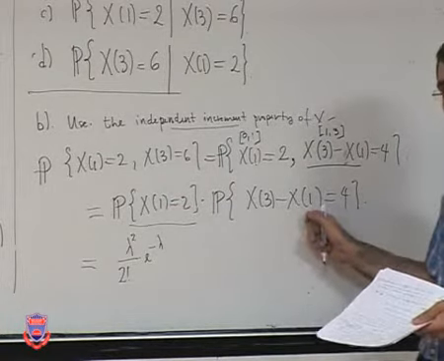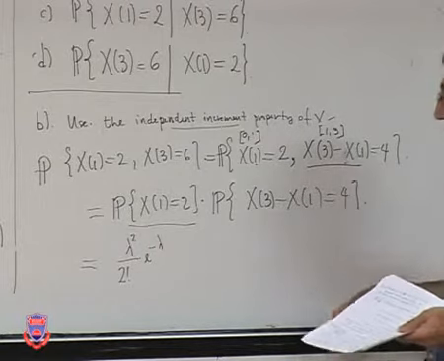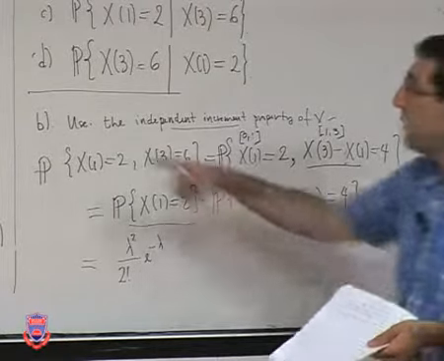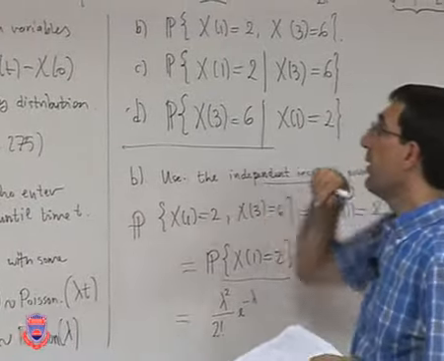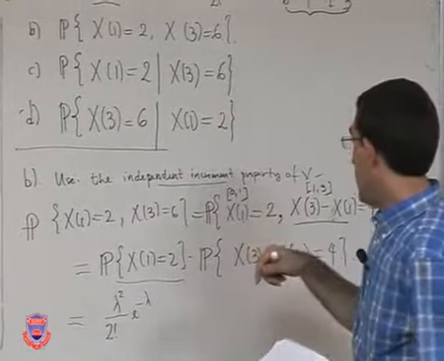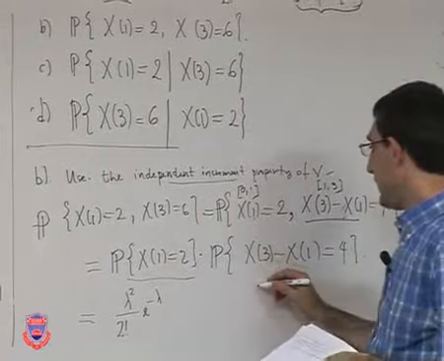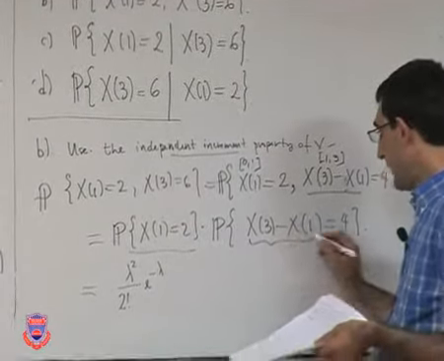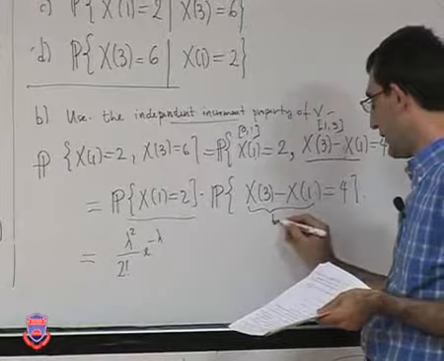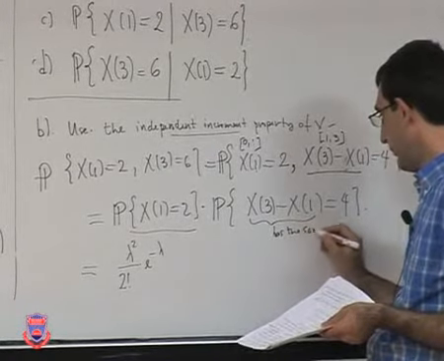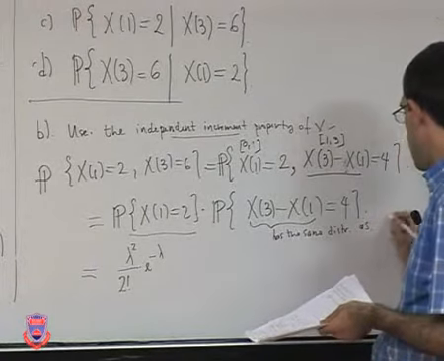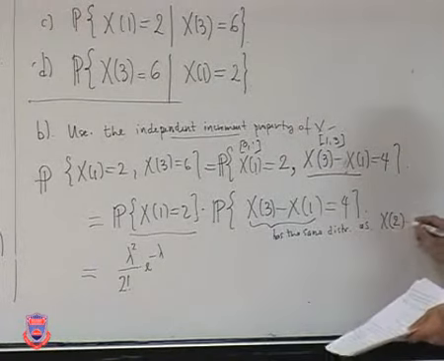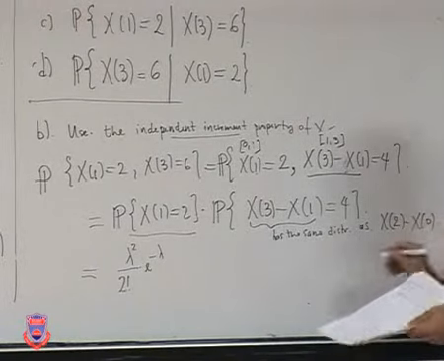Here, we can either use the original result, or we may just remember this observation, right? And this gives us basically what? This has the same distribution as X2 minus X0, okay?